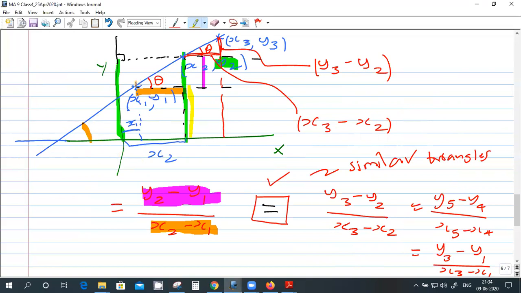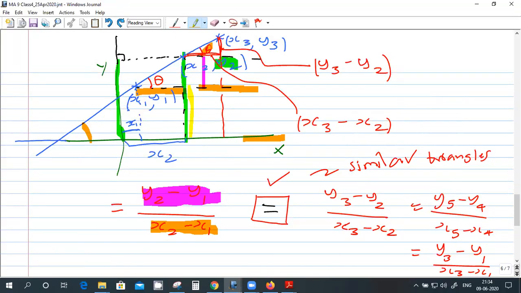Similarly, if I take a point here and draw a horizontal at that point, this line is making the same angle theta. You know that, right? If you have two parallel lines, and there is a common line cutting them, the angle will be the same.